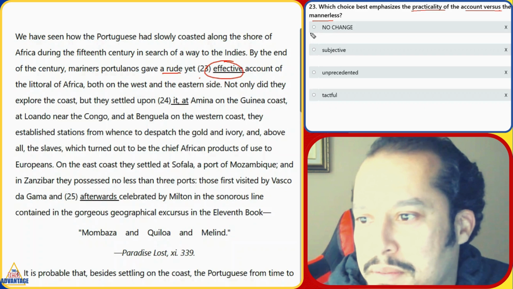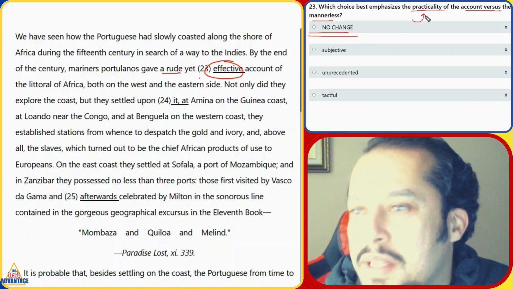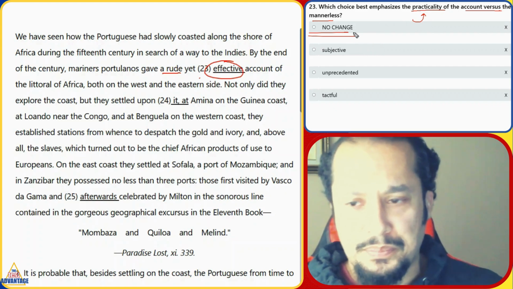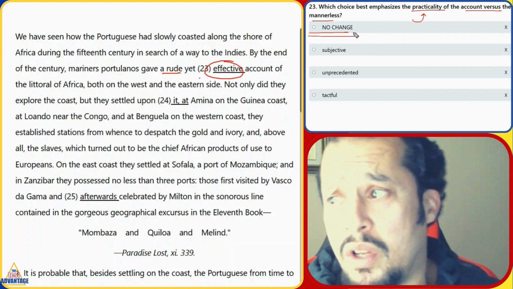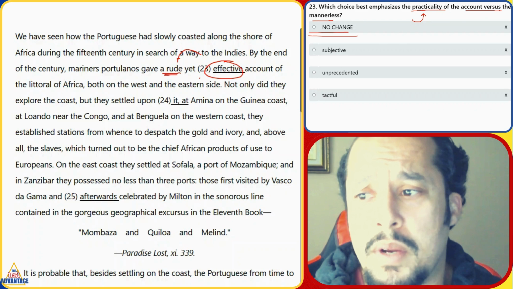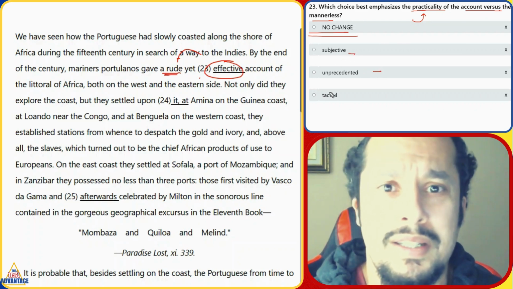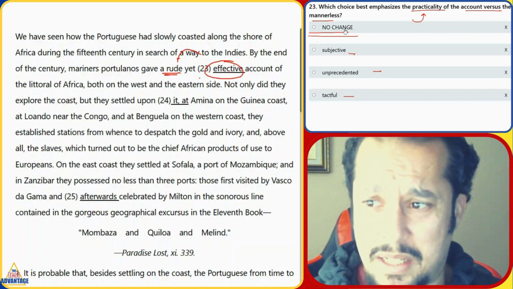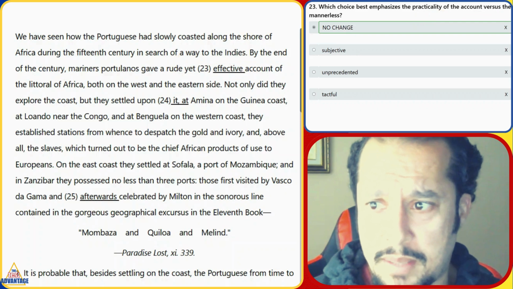We're going to say effective, right? Because practicality means something we can apply, something we can use. So we basically want a word that means practical versus the mannerless, which means the rudeness, right? Subjective opinion, unprecedented, unseen, tactful. I think it means being sensitive. But none of those work except answer A.